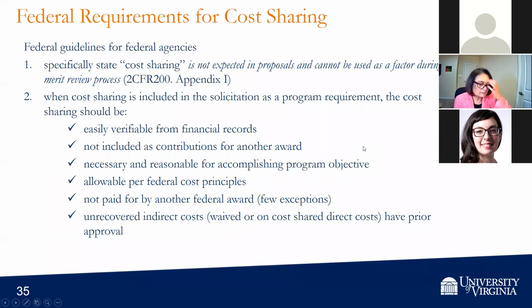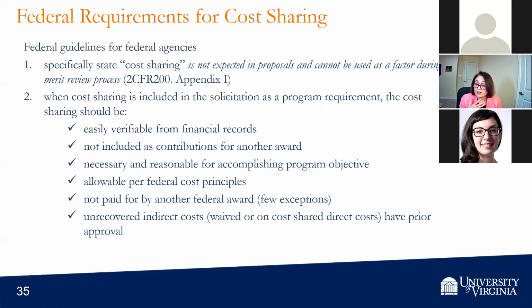So for federal guidelines in the UG, the government came out and said, let's not include cost sharing as a factor to determine the merit of an award. What was happening was the rich schools would go in and say, we can come up with $100,000 of cost sharing if we get this award.